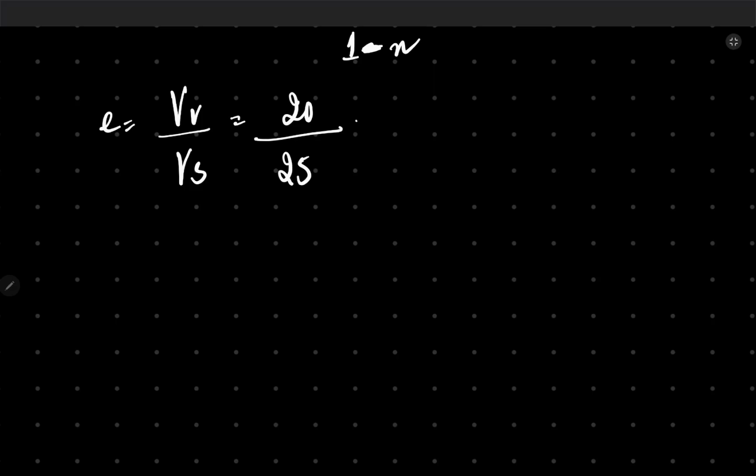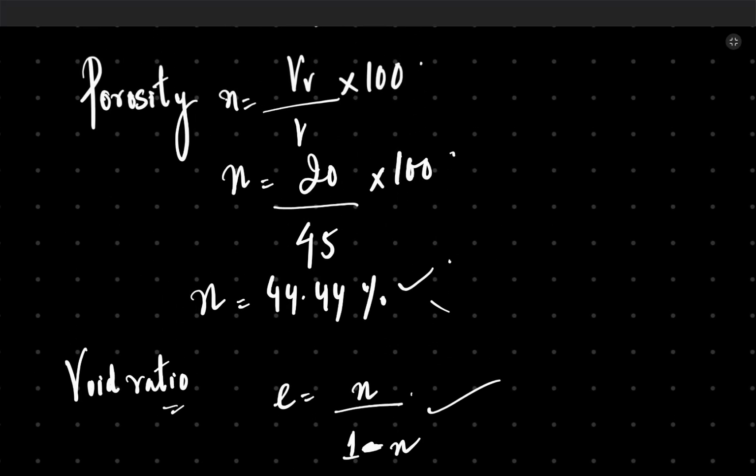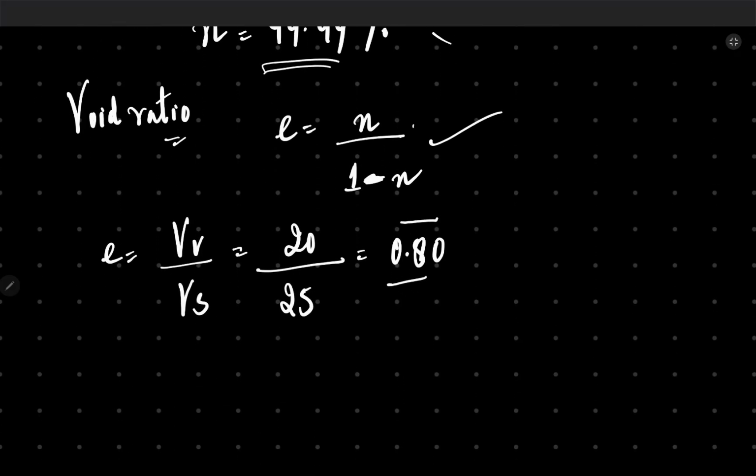So upon calculations, this becomes 0.80. That means void ratio is 0.80. Right, so this is how we have calculated this question, and we have found the void ratio and the porosity, whereas porosity was equal to 44.44% and the void ratio was equal to 0.80.